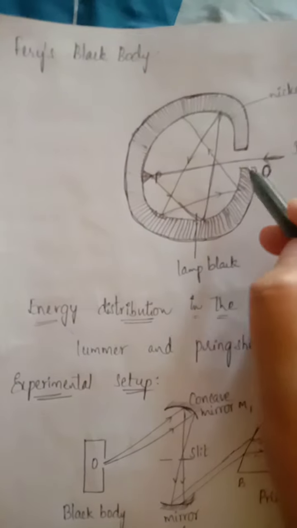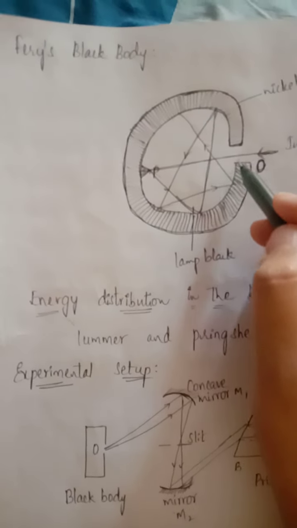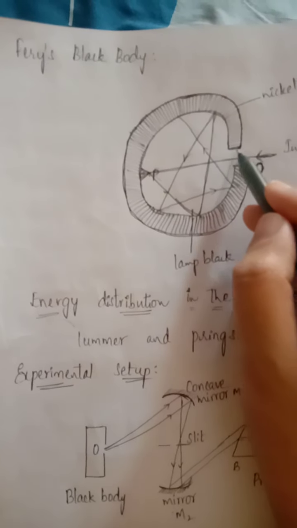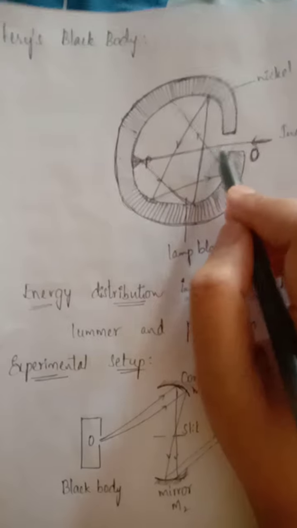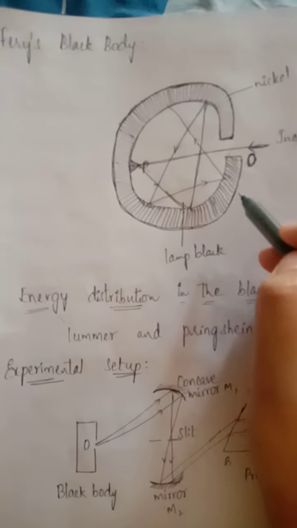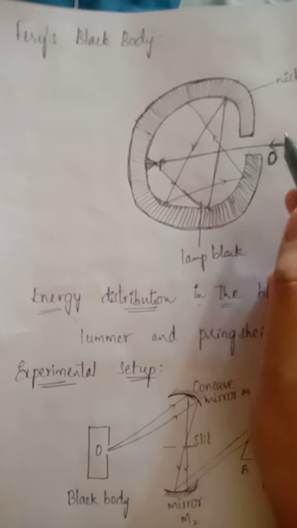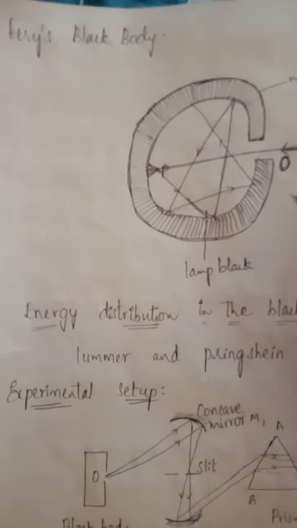So there is no loss of heat, because this projection P does not allow any wave to be radiated out from the Ferry's black body. It absorbs all the radiations which are incident on it.